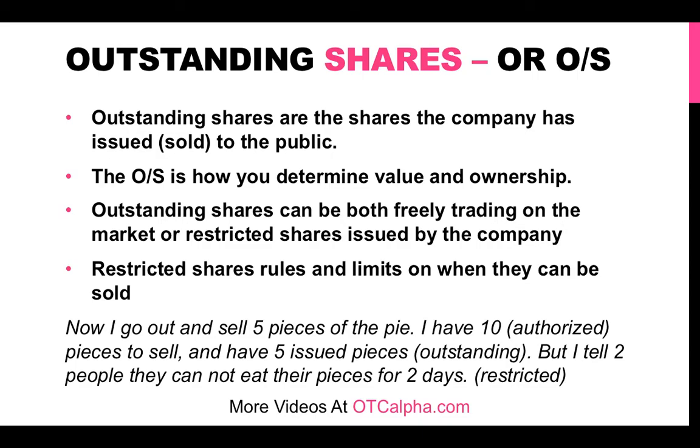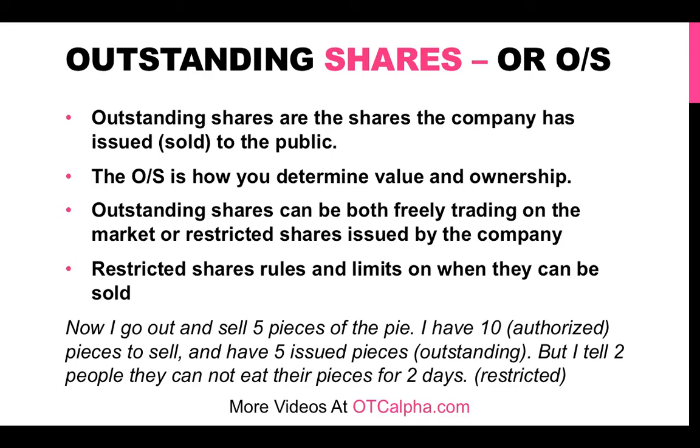Okay, so continuing our pie story here down at the bottom. Now I go out and sell 5 pieces of this pie. Remember, I have 10 authorized that I can sell, and I have now issued or sold 5 pieces. So those 5 pieces are the outstanding. Those are what are in the market that I have sold and no longer have.